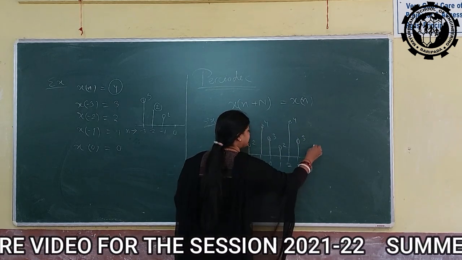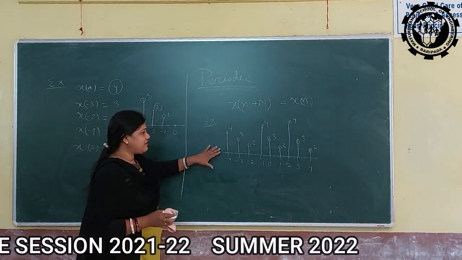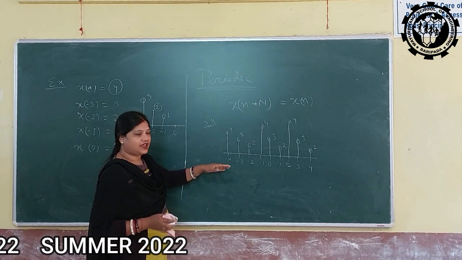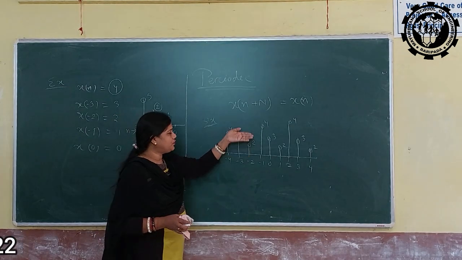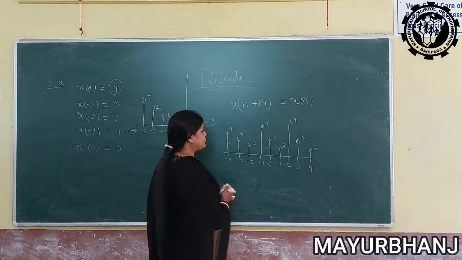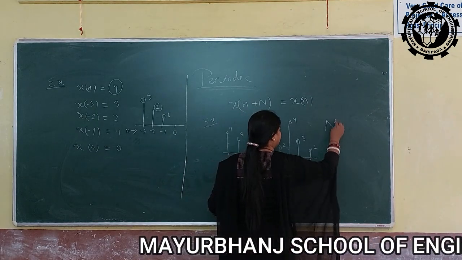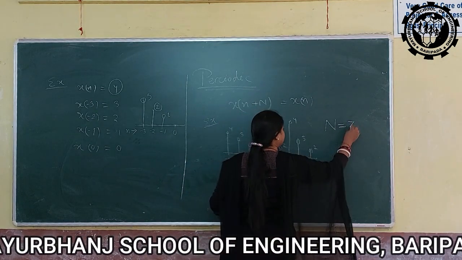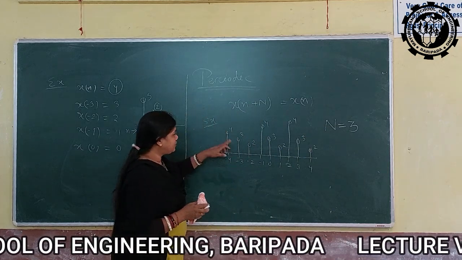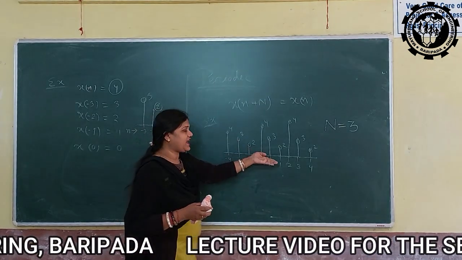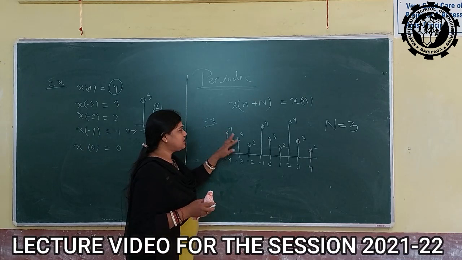Here we can observe that the same sequence is repeated again and again. So we can find the period. What is the period? N is 3, meaning 4, 3, 2, the same sequence repeated again and again. So the period is 3.